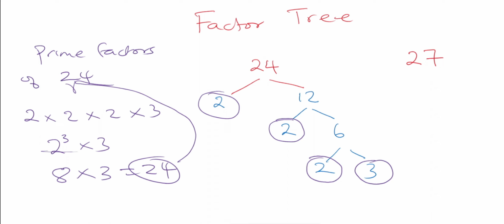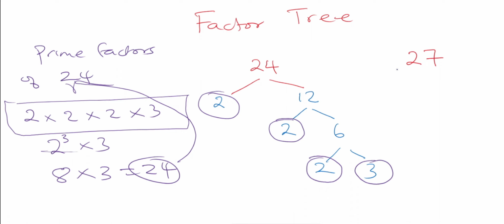But what will help me is that once I know the prime factors, I can easily use that to establish what my HCF is and my LCM is. And we'll be looking at that in a minute. Now let's look at another number, which is not an even number and it's not divisible by 2. So it will be wise to start with the next number right after 2, which is 3.